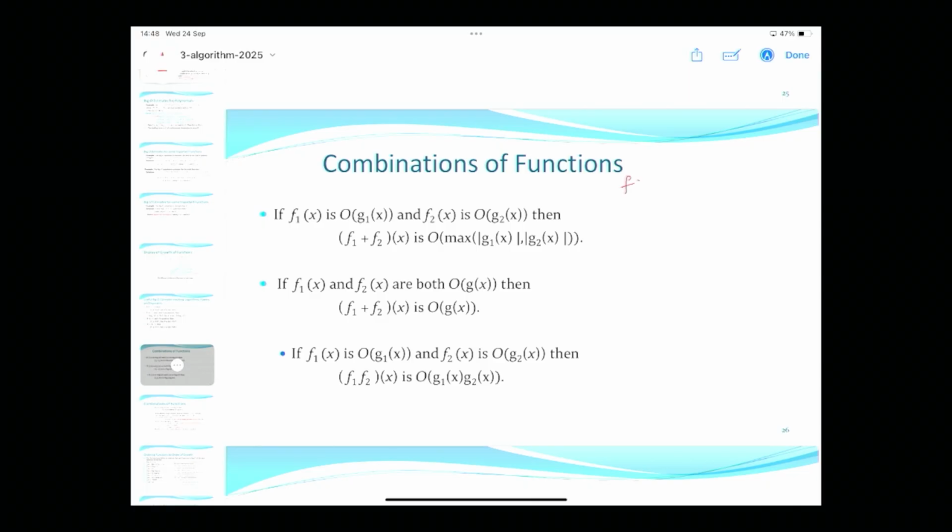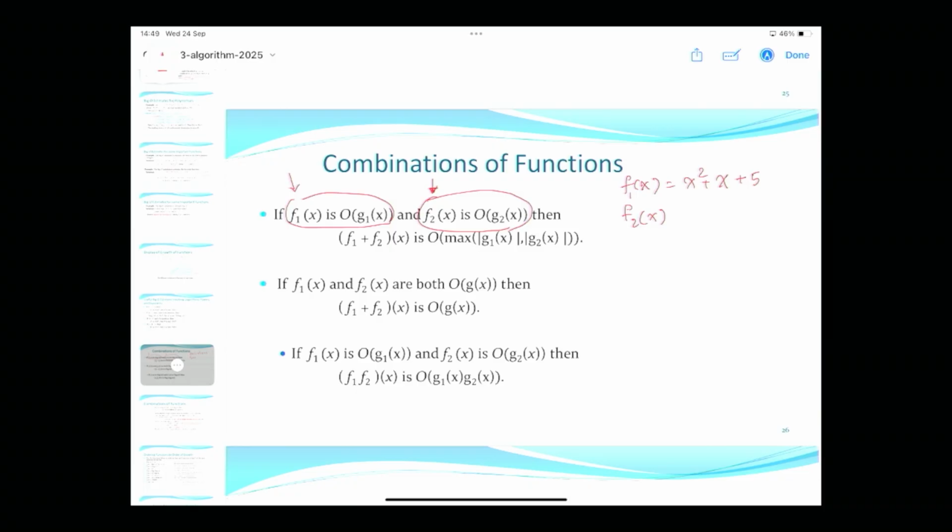When we have many problems to work on and many algorithms to use, suppose we already find that the big O of function f1 is g1, and for function f2 is g2.